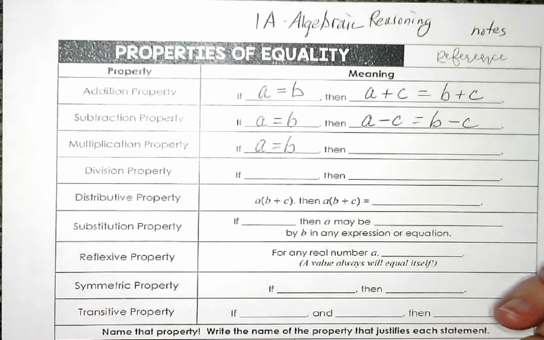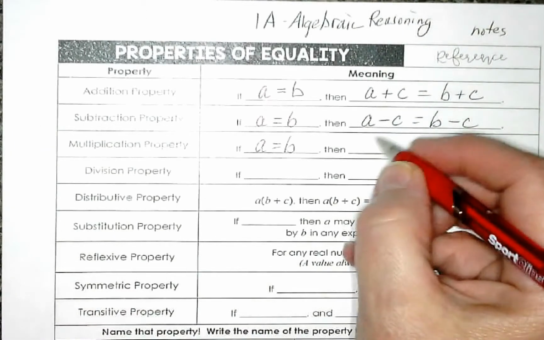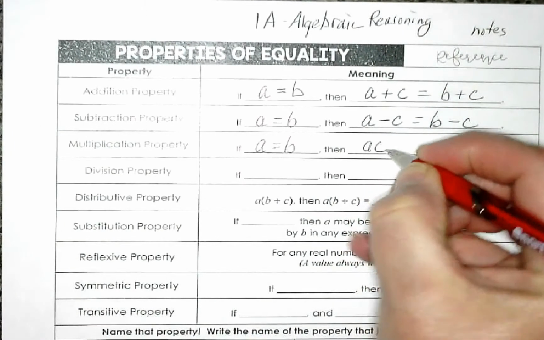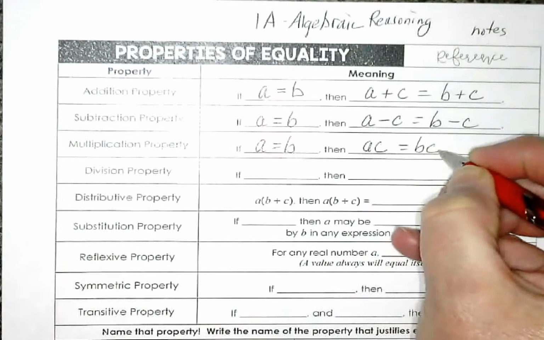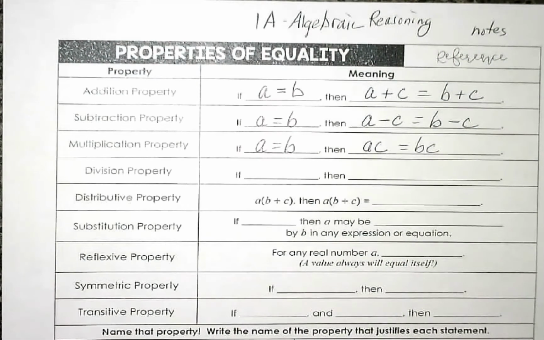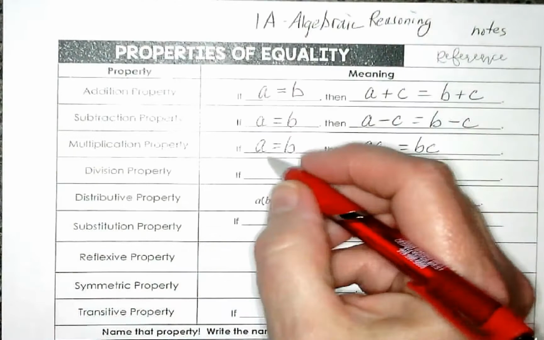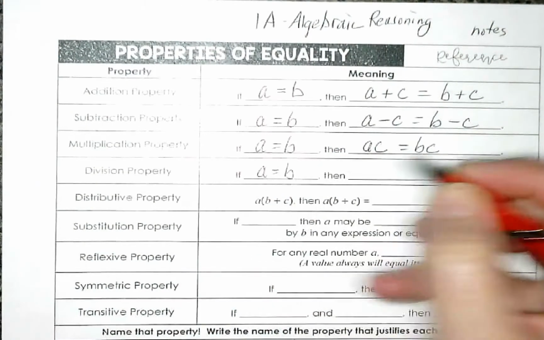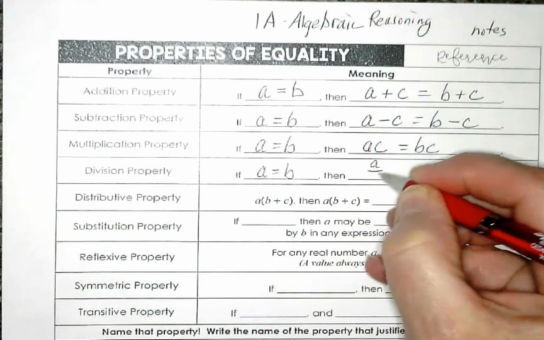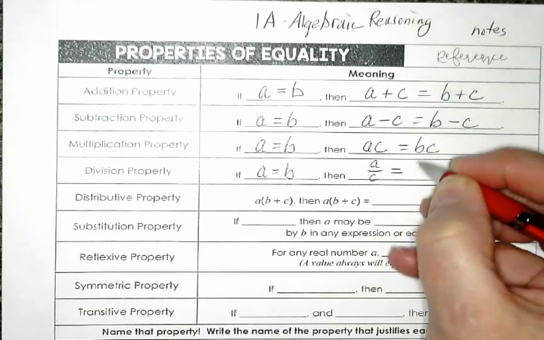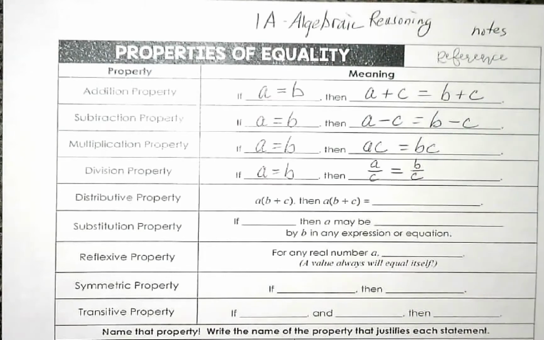If A equals B, then I can multiply both sides by the same amount and it's legal. Or we have a reason why we can do that. And division is if I can divide both sides by the same thing, then that's okay. That's an okay step to do.